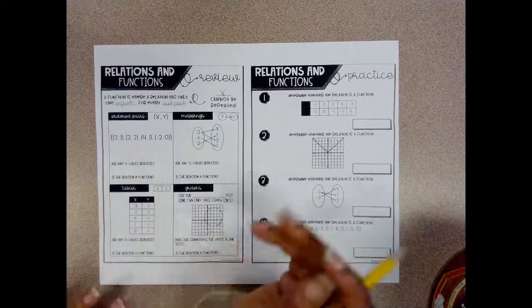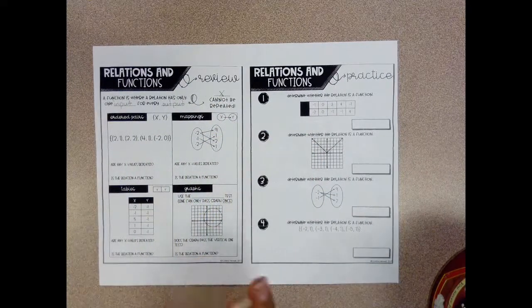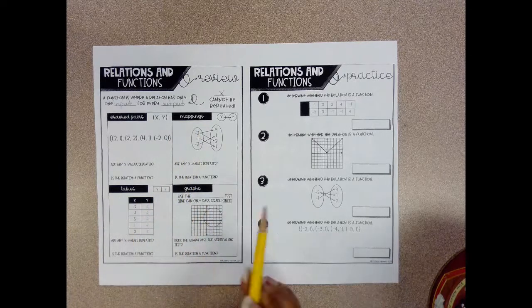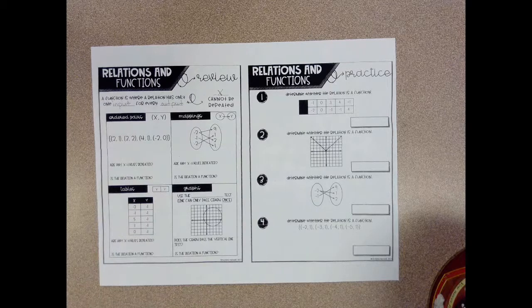All right, so there's 4 different representations. There's more, but we're going to look at these 4 specifically. Here we have ordered pairs, a mapping table, and graph. So looking at a set of ordered pairs, we're determining whether or not this is a relation or a function.